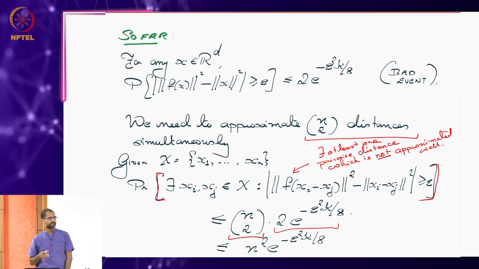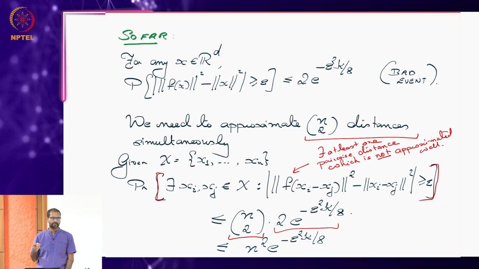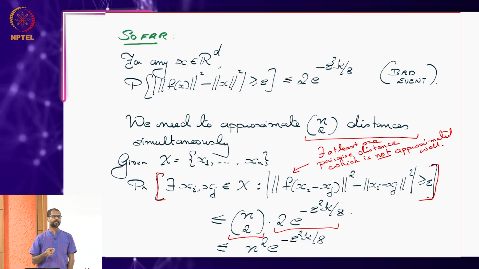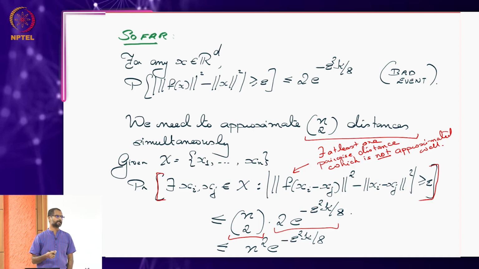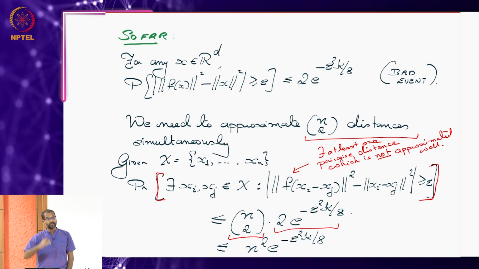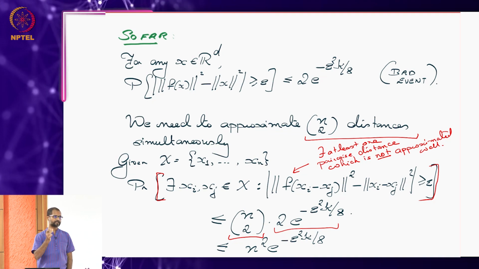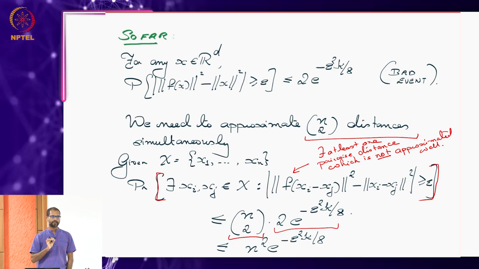So, that is what we are analyzing. What is the complement of this event? This event is the event that at least one pairwise distance is approximated badly. What is the complement of that event? Yes, every pairwise distance among pairs of points in your data set is approximated well. Okay. That is our final goal.